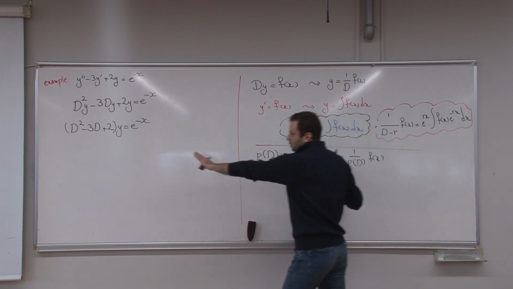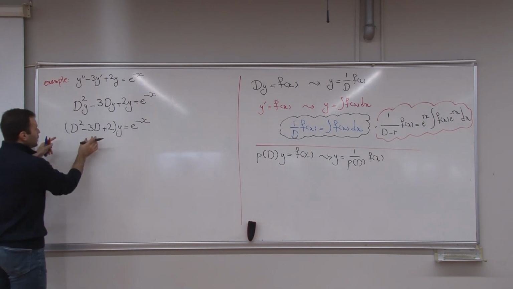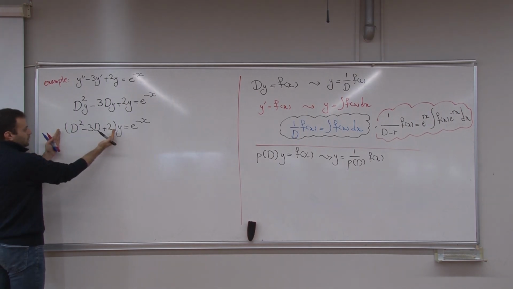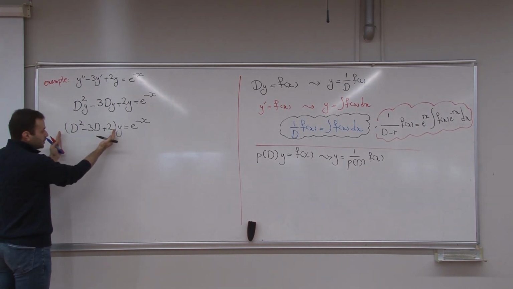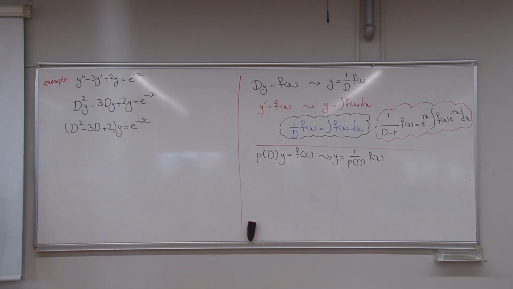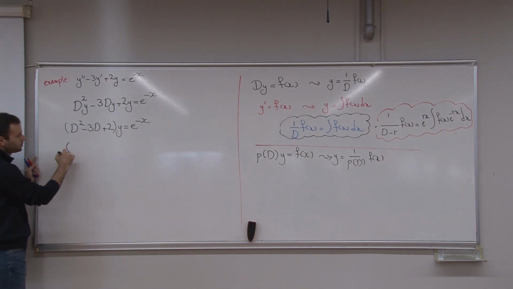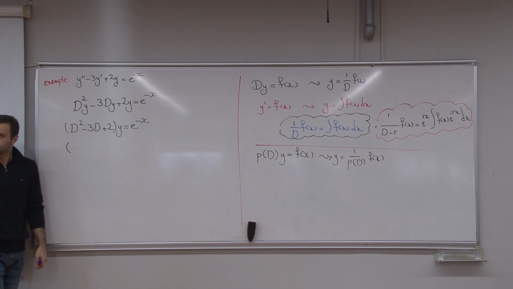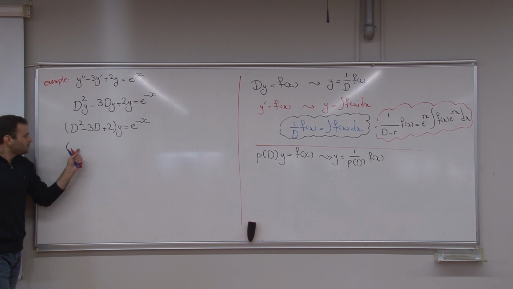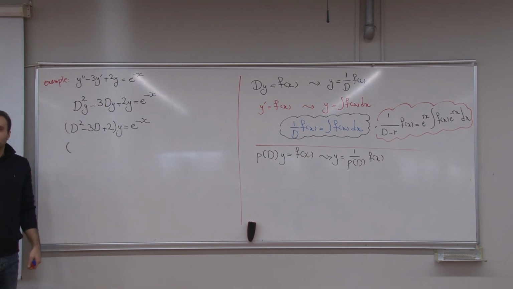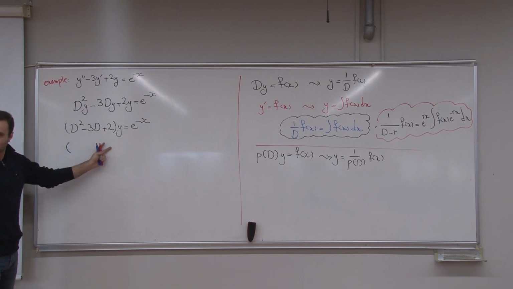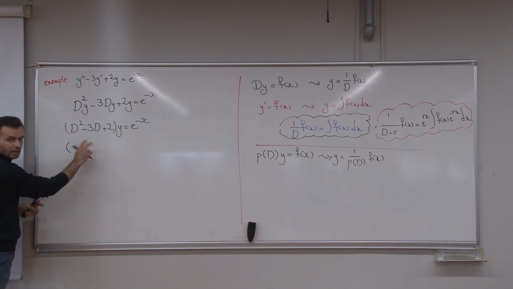But let's come back here. If we take this as a polynomial, can we break it down into its linear factors? Yes. What is that? D minus 2 times D minus 1. We can also write D minus 1, D minus 2, or reverse their places, right?